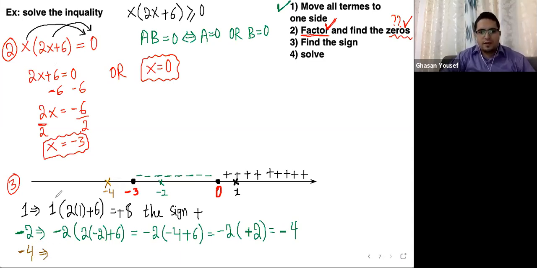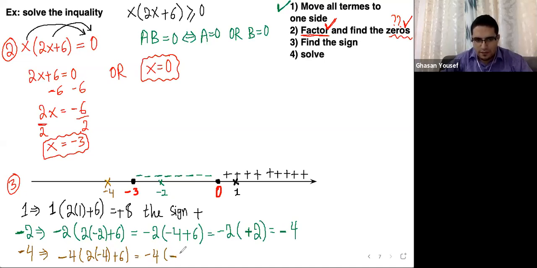Plug it inside the equation. -4 times -2 times -4 plus 6. What I get? -4 times 2 times -4 is -8 plus 6.